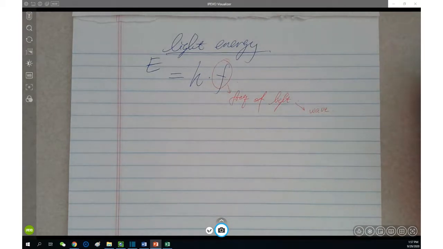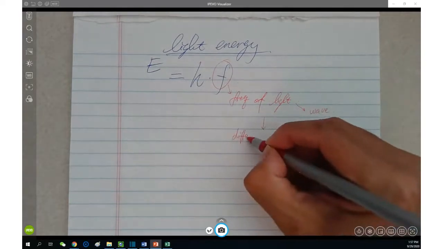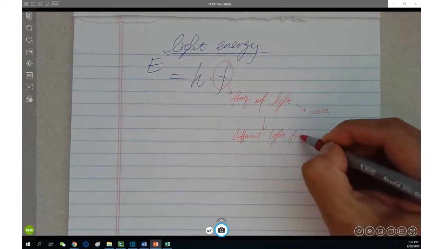So it has frequency. However, it contains different frequency components. Different light frequency then gives you different what?